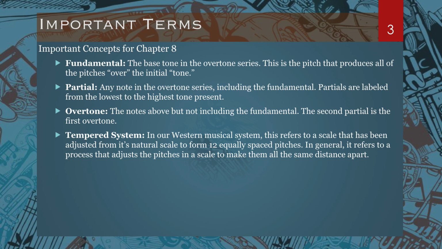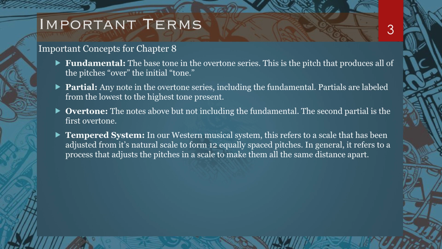The final concept you want to understand is the tempered system. In our Western musical system, we have a scale that has been adjusted from nature to form 12 equally spaced pitches. As you know, on the piano, between C and B, we actually have 12 half steps. So at one point in history, these 12 half steps weren't equally spaced.